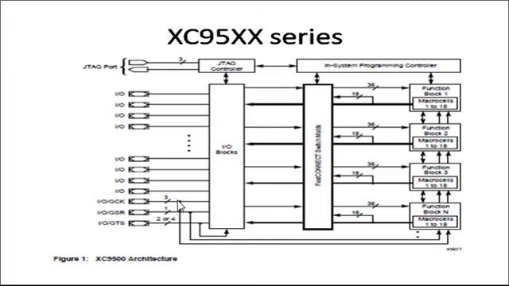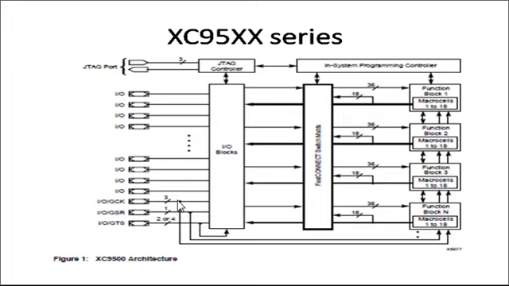Now we will see one by one the function of each block, or the architecture of each single block: what is inside an IO block, what is inside a fast connect switch matrix, and what is inside a function block. That we will see in the detailed study of the architecture.